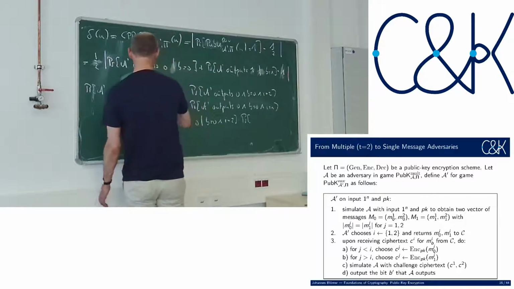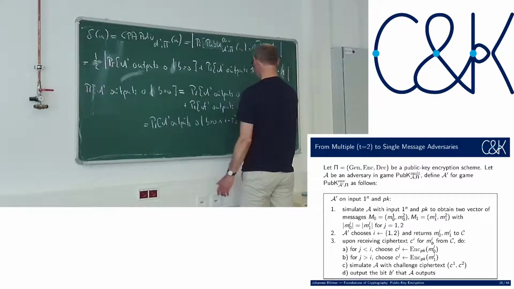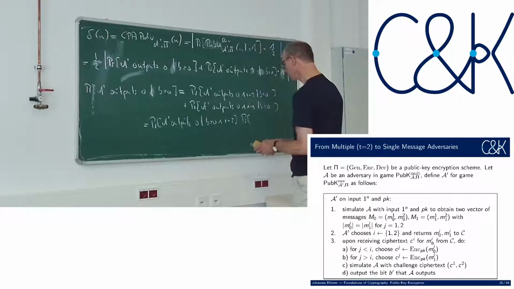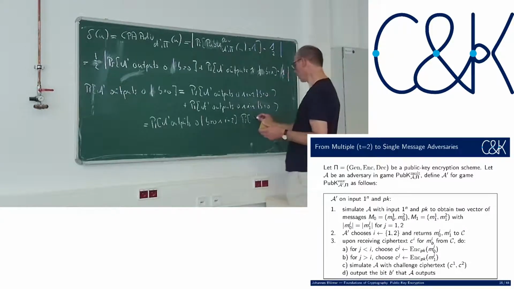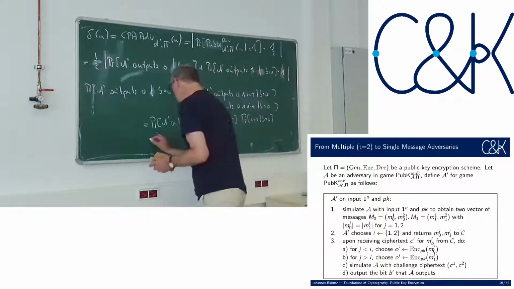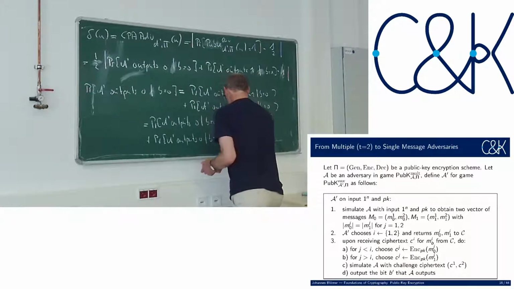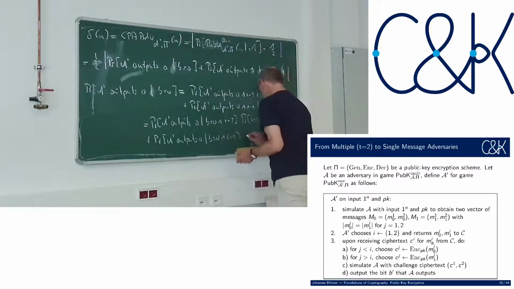And then I can do this the same as I is 2 conditioned on B is 0 plus the probability A prime outputs 0 conditioned on B is 0 and I is 1 times the probability I is 1 conditioned on B is 0.